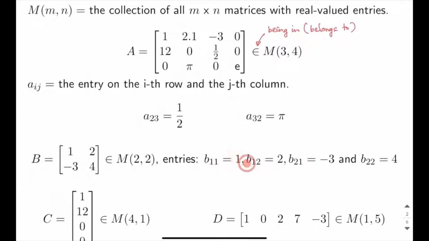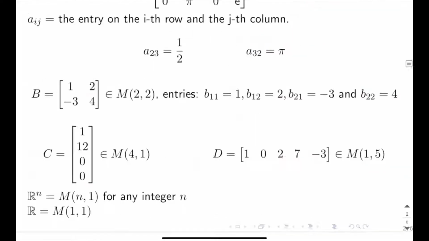The entry on the first row, second column is 2. The entry on the second row, first column is -3. And the entry on the second row, second column is 4. We can have matrices of only one column, like the matrix C, or matrices of only one row, like the matrix D.